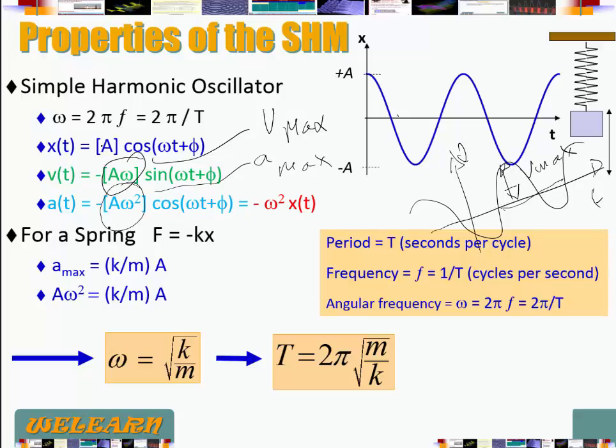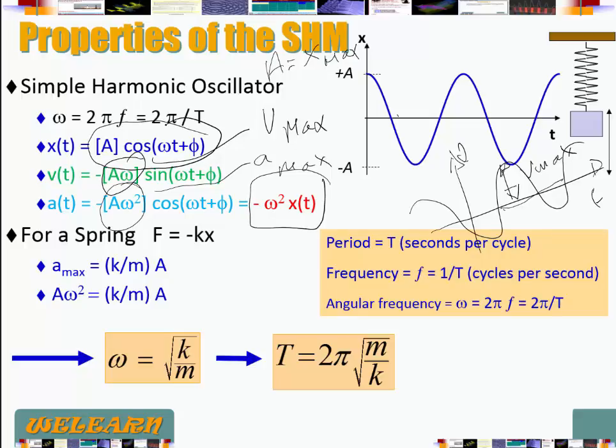So it's the amplitude for the position, remember, A is x max, times the angular frequency squared. If we factor out the omega squared, that shows us that it is actually minus omega squared x of t. x of t is this expression.